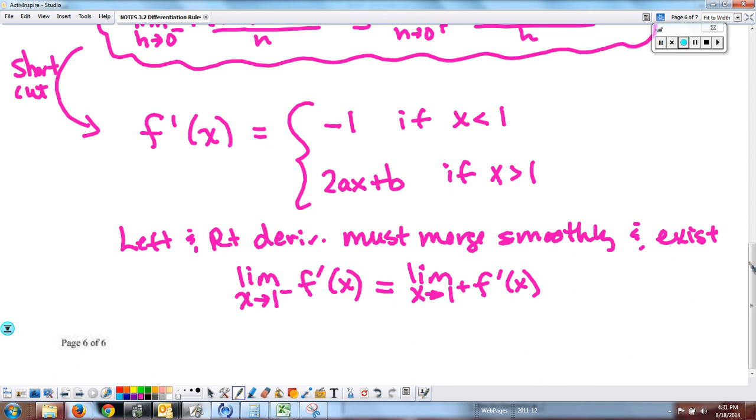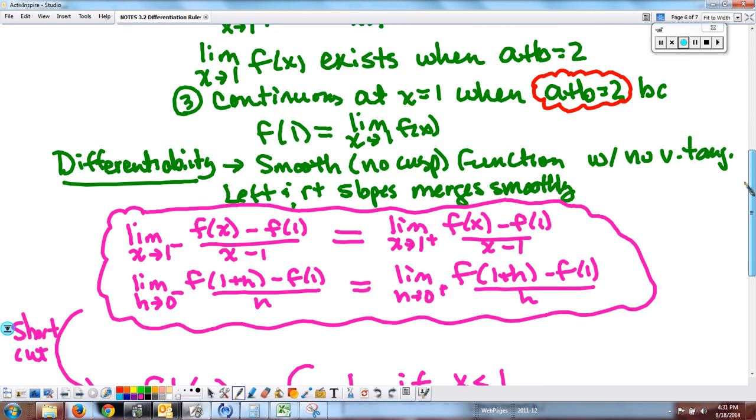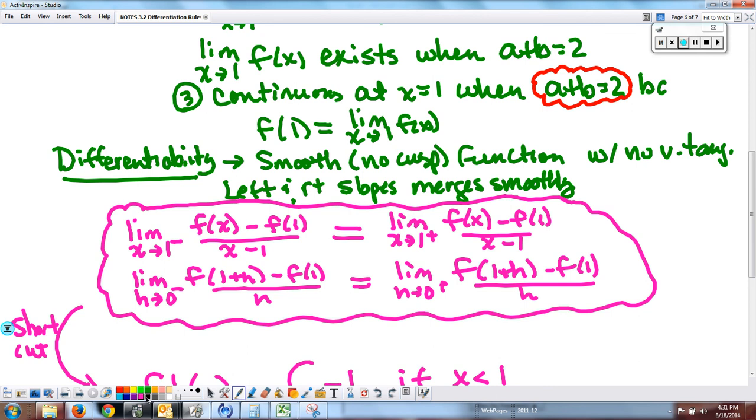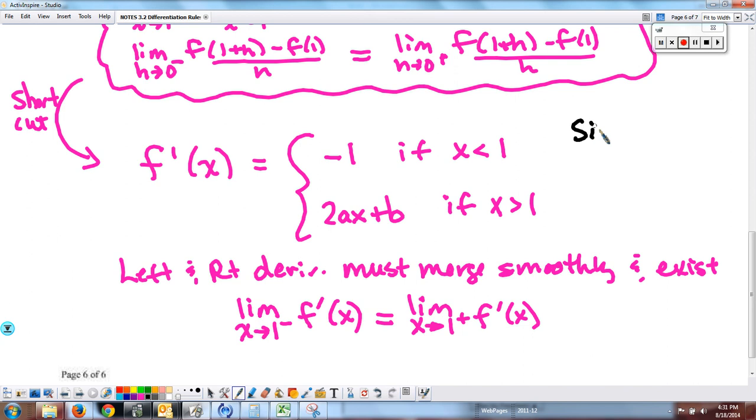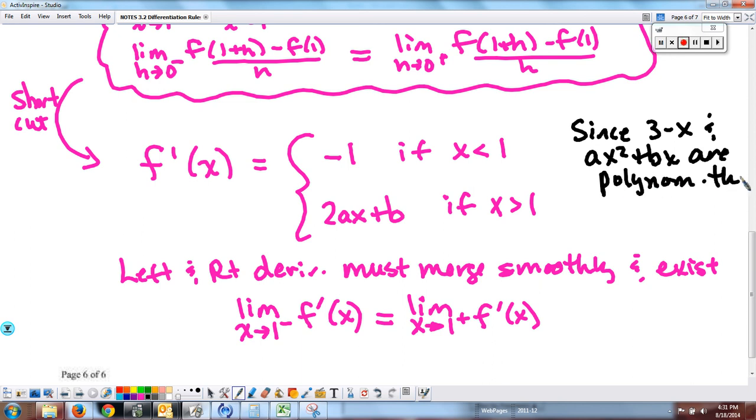I don't have to worry about the pieces themselves, because in differentiability both the left and the right piece were polynomials. So since 3 minus x and ax squared plus bx are polynomials, they are differentiable.